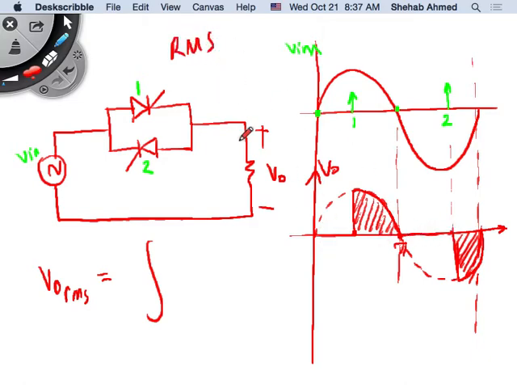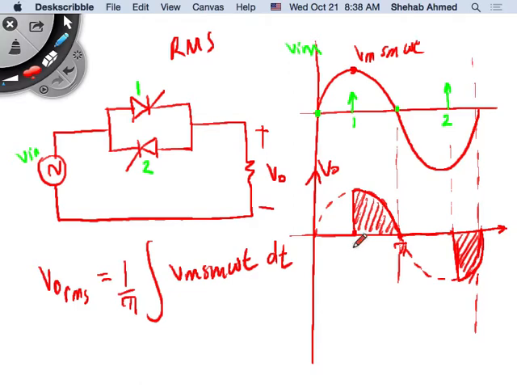So I can do it only over a period of pi. So 1 over the period, integration of what? The waveform, which has the equation of Vmax sine omega t, for example, in this case. Vmax sine omega t dt, right?